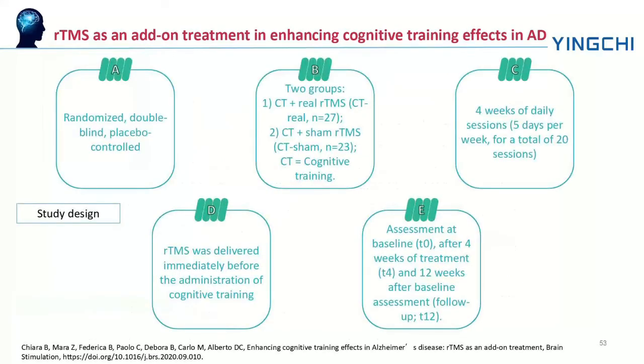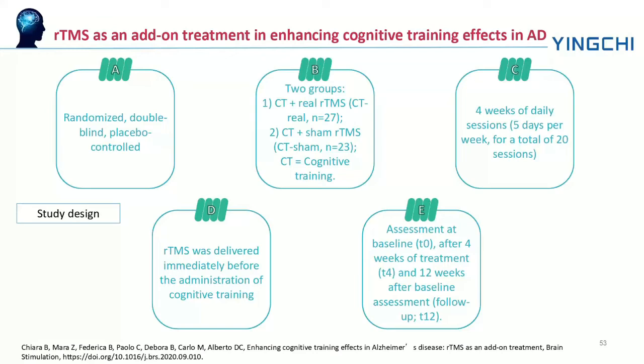And in this study, they formed two groups: one using cognitive training plus real rTMS, and a control group using cognitive training plus sham rTMS, for 4 weeks of daily sessions, a total of 20 sessions.